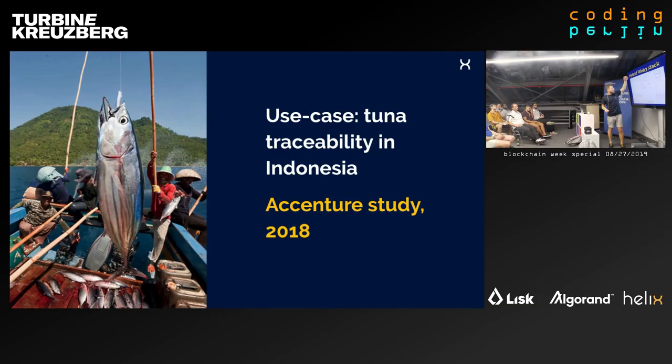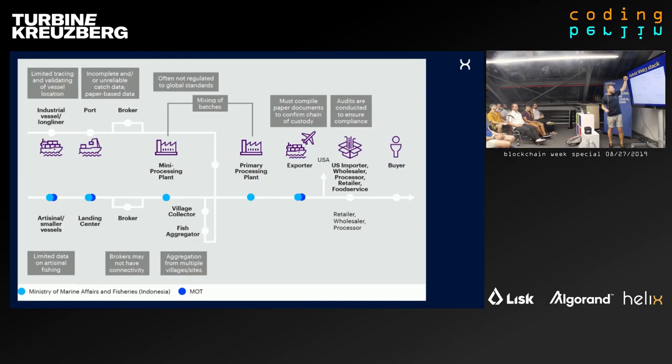So it turns out that 30% of all the tuna in the world is caught in Indonesia, and it's not the most technically developed country, unfortunately.